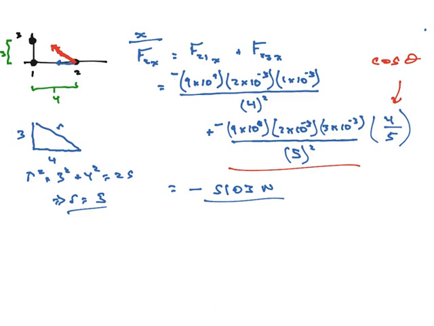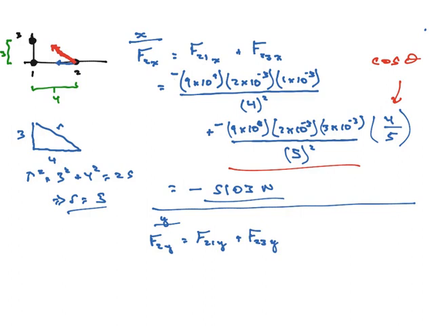Now, we want to do the same for the y component. Okay. Well, in the y direction, what do we have? Well, F2y, just like before, is F21y plus F23y. So F21y. Well, I could go ahead and start writing down just like I did before, 9 times 10 to the 9 times 2 times 10 to the minus 3, blah, blah, blah.